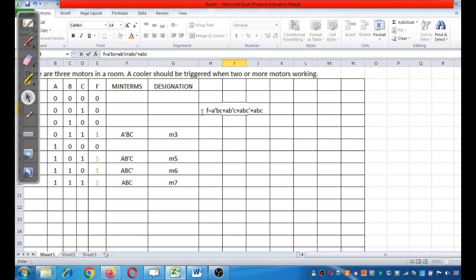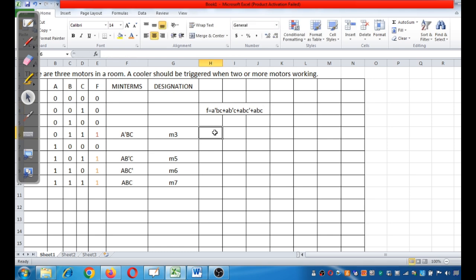The output line should be high when any one of these terms produces a logic high. That is, the expression will produce a logic high for the combination 0, 1, 1 or 1, 0, 1 or 1, 1, 0 or 1, 1, 1.